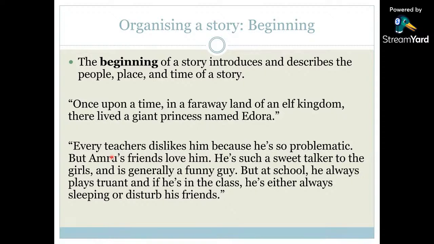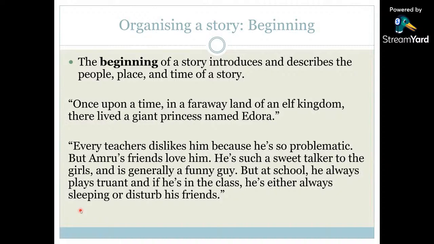Contohnya daripada the second example, we can see that the character's name is Amru. Dia orang macam mana? Cikgu tak suka, tapi kawan-kawan dia suka sebab he's a sweet talker and generally a funny guy. Tapi kat sekolah selalu ponteng. Plays truant is ponteng.